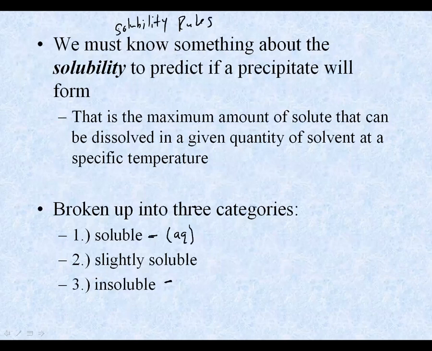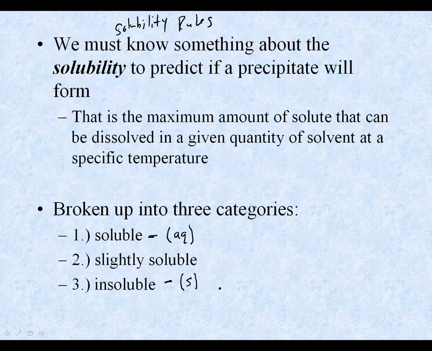Now, on the other hand, if you look at the solubility rules and it says it's insoluble, what that means is that guy should get a solid symbol next to its formula, which indicates pretty much that when you put those two things together, you would expect some type of solid to form.